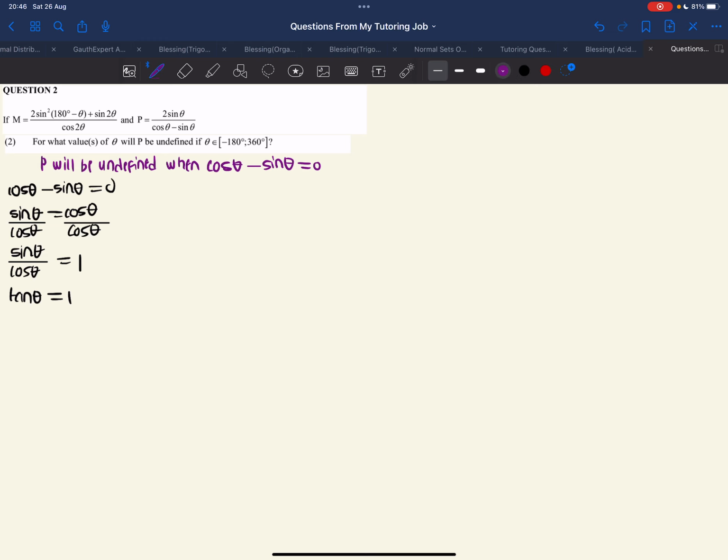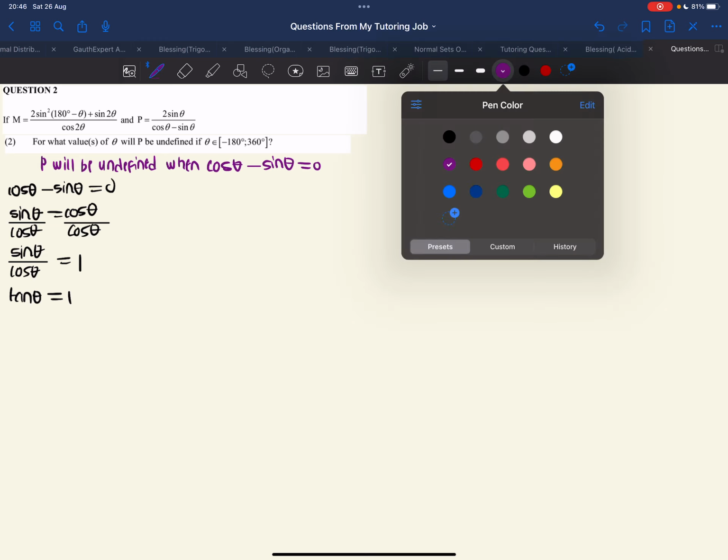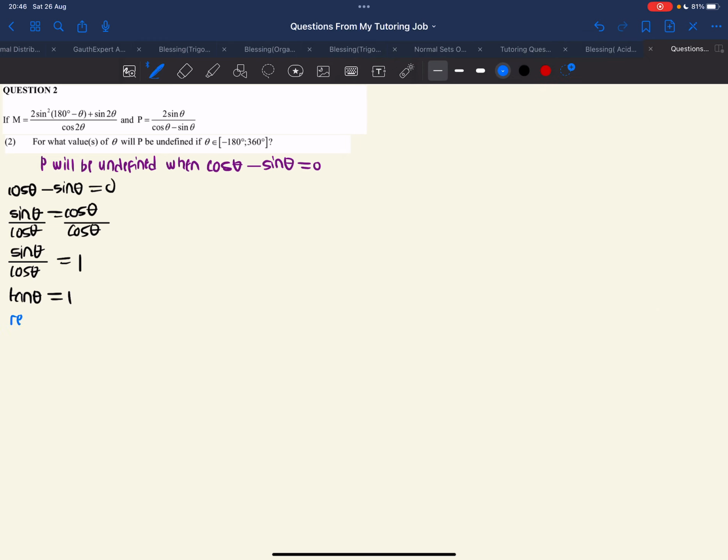Now what we need to do is find the reference angle. For the reference angle we say shift tan of 1. If you do that, you basically get 45 degrees. Alright, and then another thing is to draw a Cartesian plane.